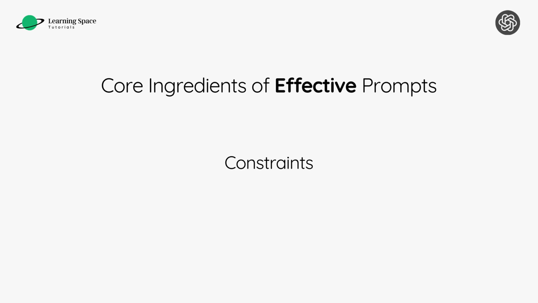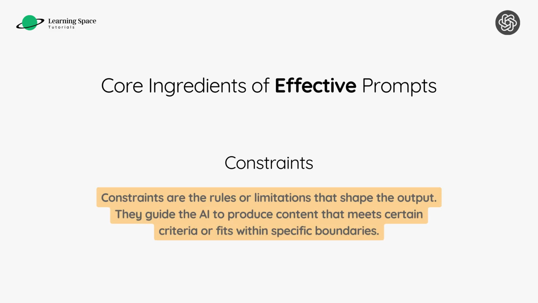Now, another core ingredient of effective prompting is the constraints. Now, constraints are the rules or limitations that shape the output. They guide the AI to produce content that meets certain criteria or fits within specific boundaries.